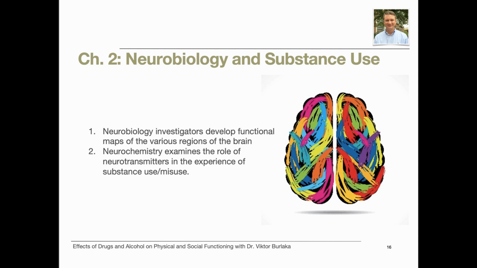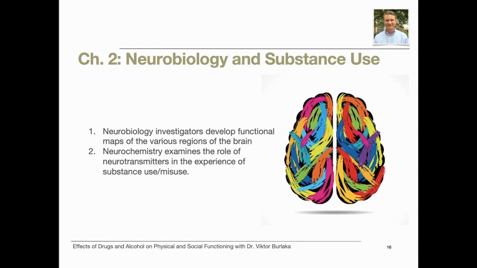Neurobiology investigators are developing increasingly complex, detailed, functional maps of the various regions of the brain involved in substance use, misuse, and substance use disorder. These maps show how the brain's powerful pain, pleasure, reward, and memory systems interact in the process of substance use becoming a substance use disorder, and how psychological learning principles operate at a neurobiological level.